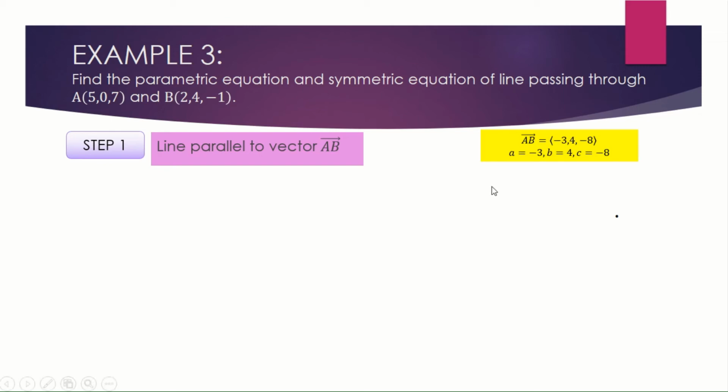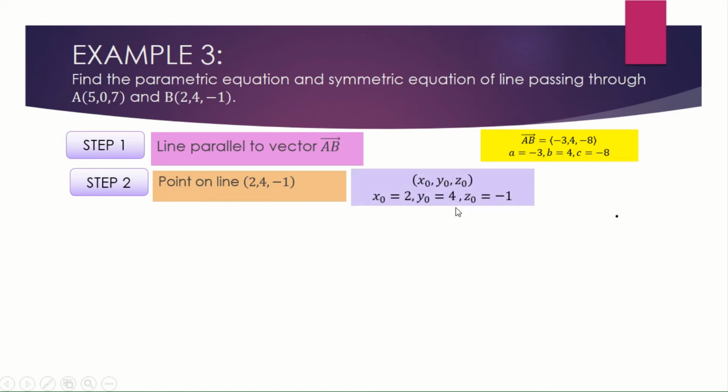Vector AB is (-3, 4, -8). For a point on the line, we choose (2, 4, -1), so x naught is 2, y naught is 4, z naught is -1. We can also pick any other point as long as it is on the line.